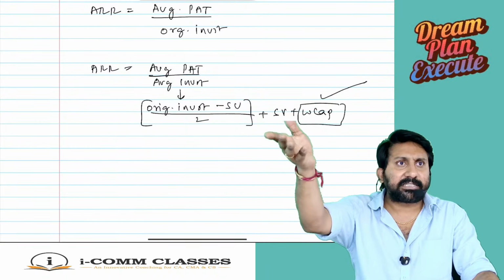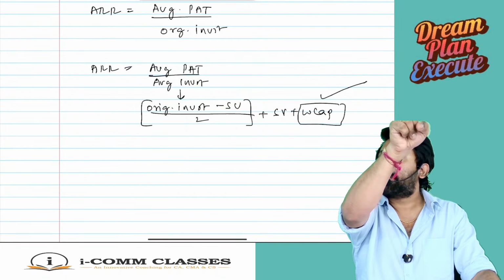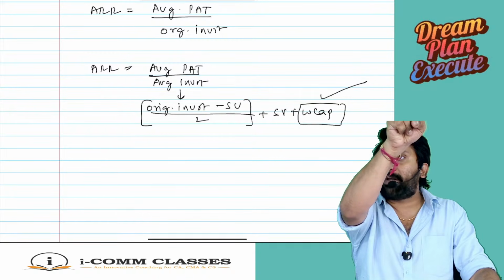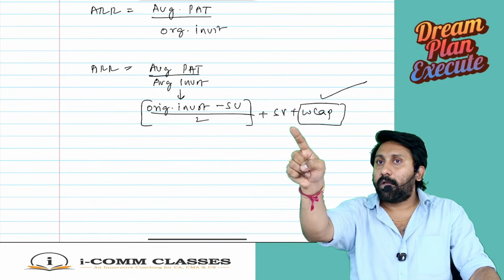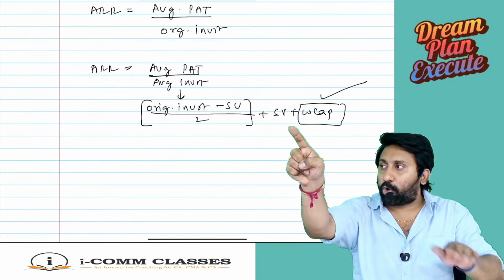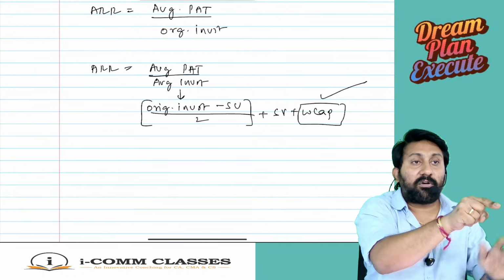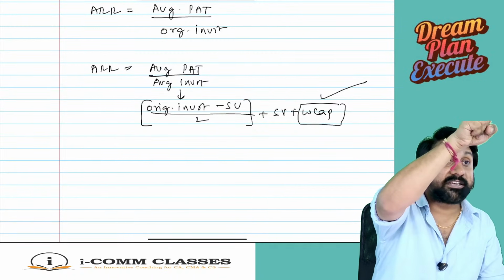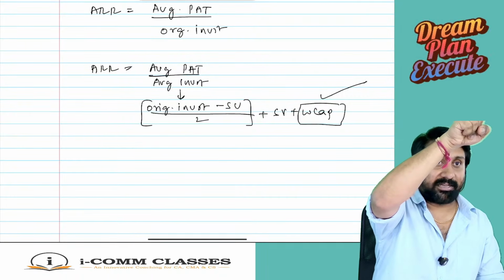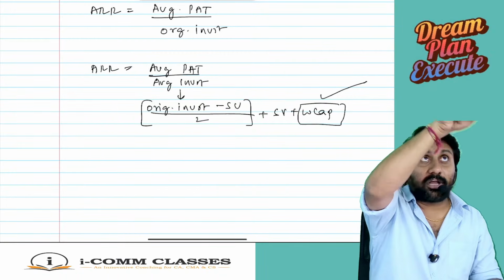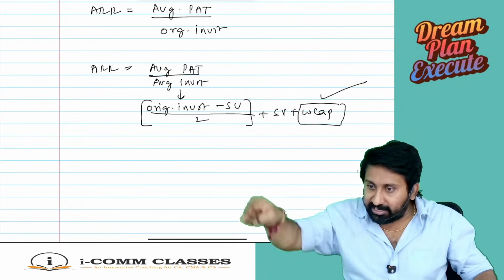I purchased raw material, which went into the production process, work in progress. Over, finished goods. Over, sold. Sales will give you debtors. Debtors will again pay you. Again the cycle will start.